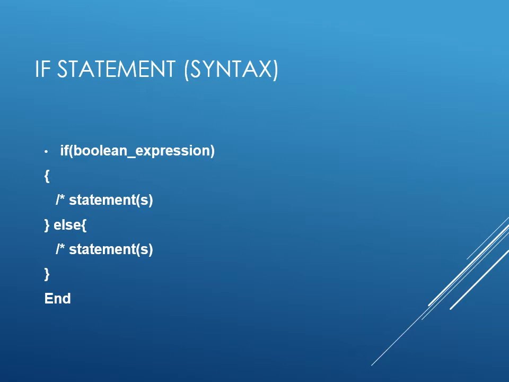This is the condition and statement of the if statement, and this is the statement of the else statement. If this condition is true, then this code will be executed, and if this condition turns out to be false, then this code will not be executed and it will jump to else.